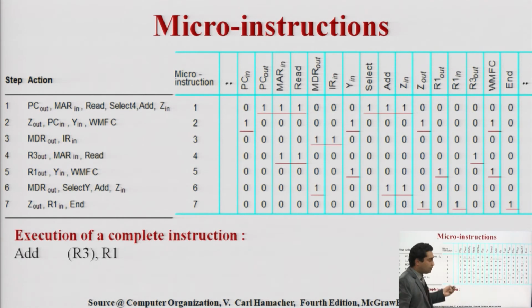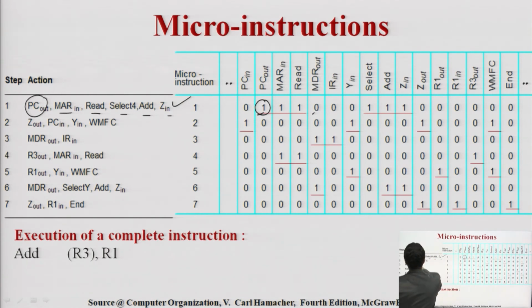Let's focus on this concept, which is very important. As mentioned, we need PC out, then memory, then read, then select, then add, and so on. We have in total 20 micro operations, and based on that, in my first instruction the operations which are in use, I put 1, otherwise 0. PC in is not required, but I need PC out, so it is 1.